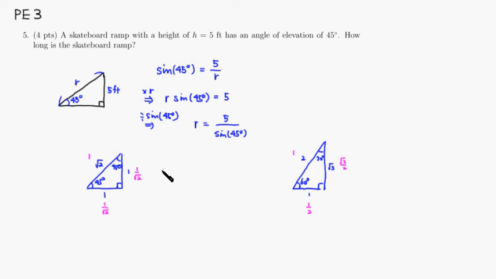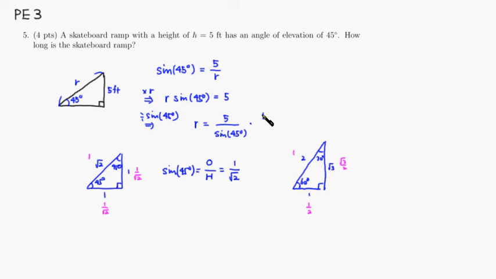So in order to find the sine of 45 degrees, all you have to do is opposite over hypotenuse. In this case, opposite is 1, hypotenuse is square root of 2. So therefore, sine of 45 degrees is 1 over square root of 2.